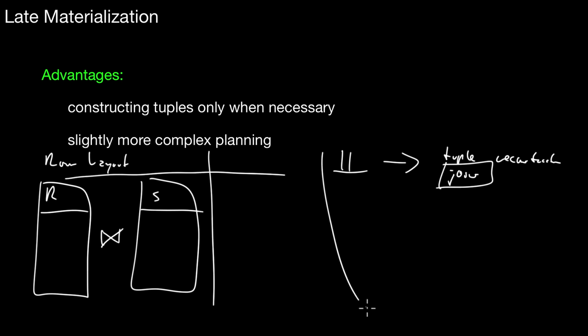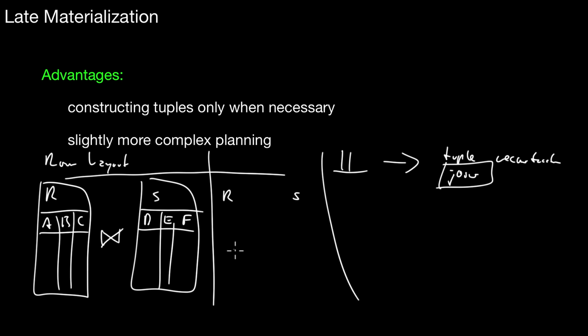Okay, so in column layout, if you have relations R and S, well actually those relations contain sub-relations. If we had attributes A, B, C here, they all live in the same structure. Let's assume it's D, E, F here. They're all part of the same structure.